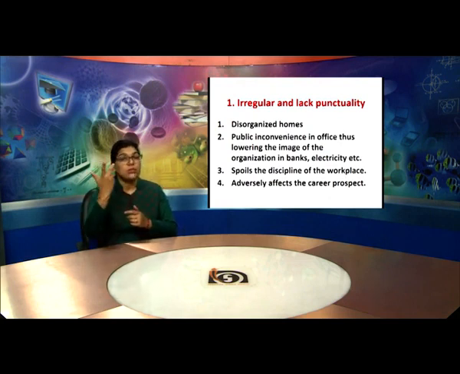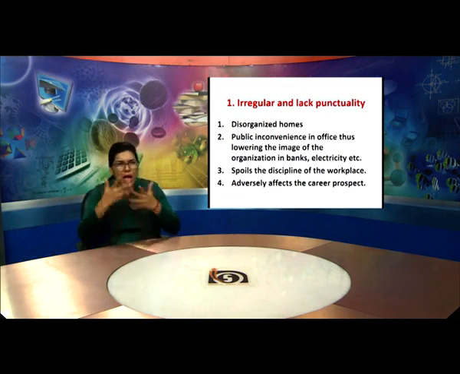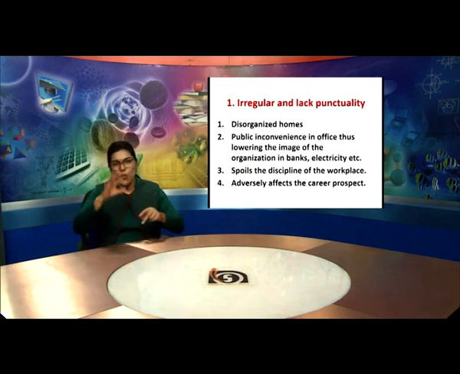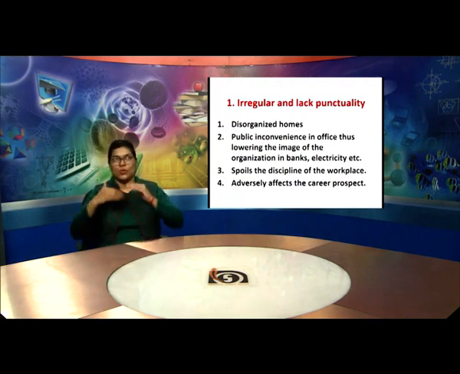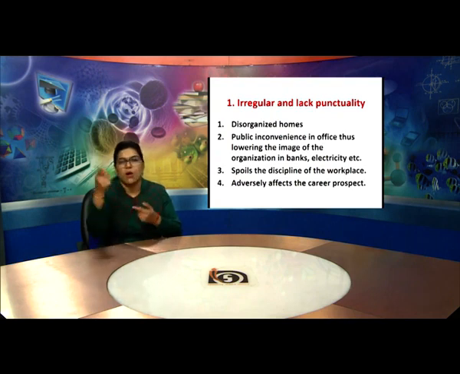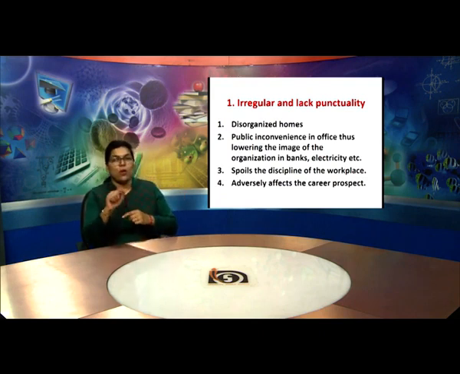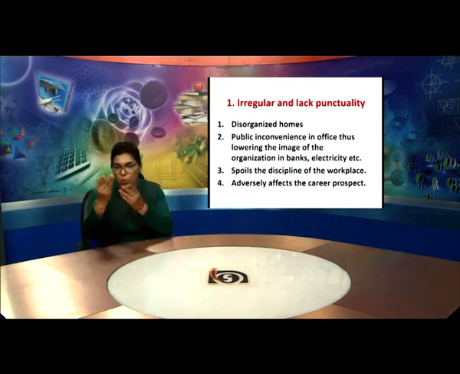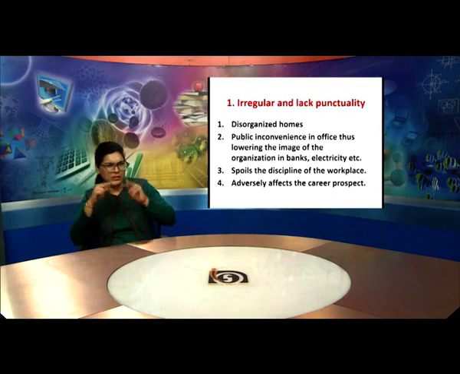The second point under this category explains about the public inconveniences in office, thus lowering the image of the organization, in bank, electricity, etc. So there are many workplaces which are public workplaces, and we know that at those places we have some facilities given, and if our work there is not done on time, then the next and the further work also gets delayed, because all that work is connected.